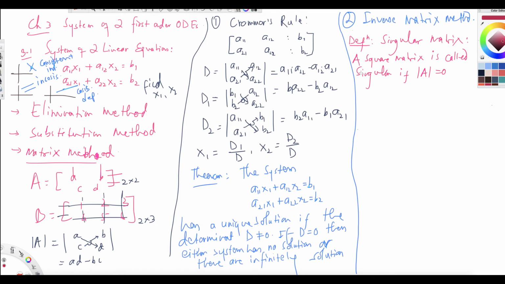The next thing I want to do here is find the inverse of a matrix. Definition: let A be a 2 by 2, meaning 2 rows and 2 columns, square matrix.